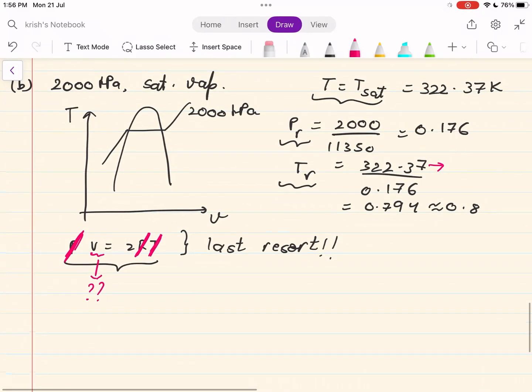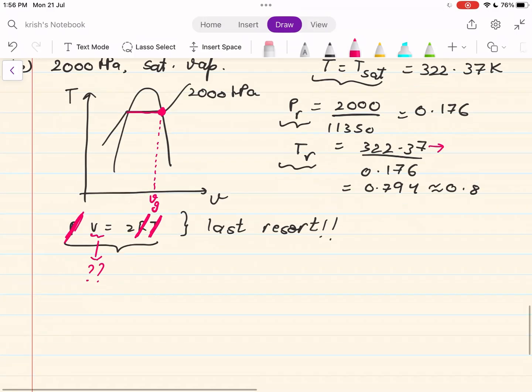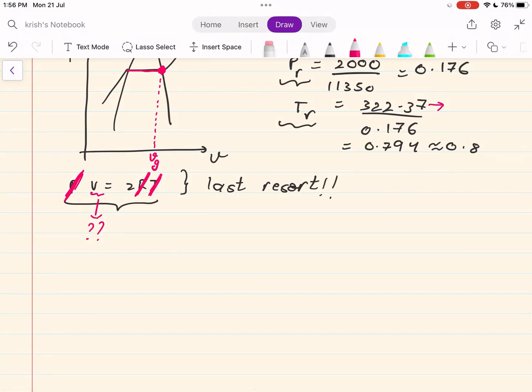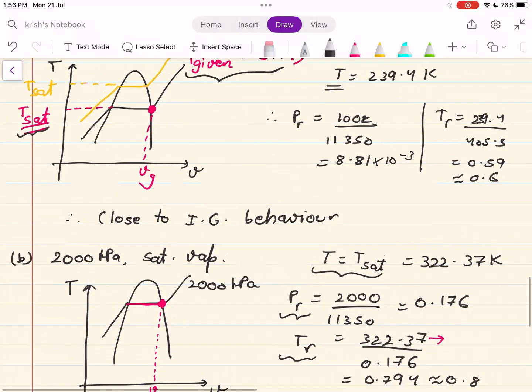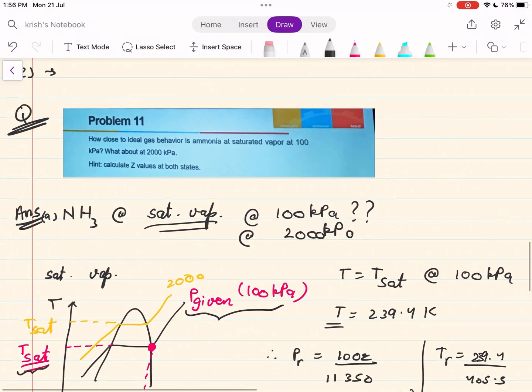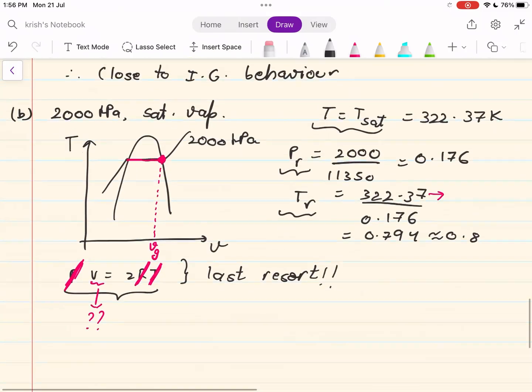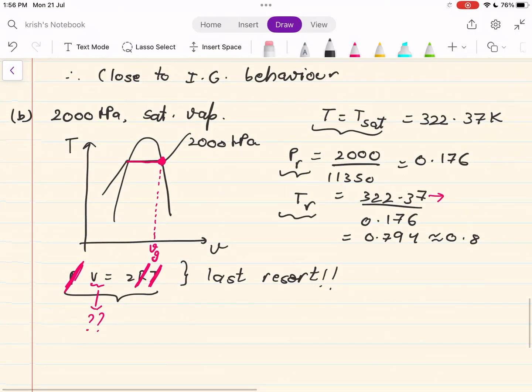If you see this graph very carefully, you know that our gas is at this point and the corresponding x-axis value will be our Vg. And fortunately, Vg values are available to us at the given saturation temperature and pressure. So this is why the question has given it at saturated vapor, so that we are able to find Vg for the gas.